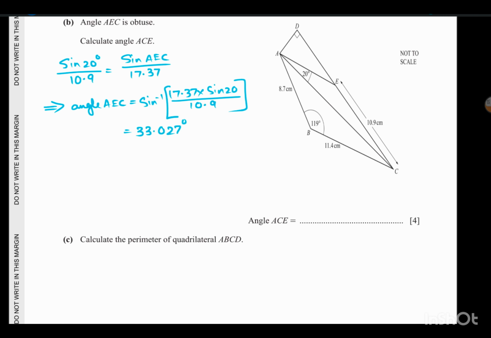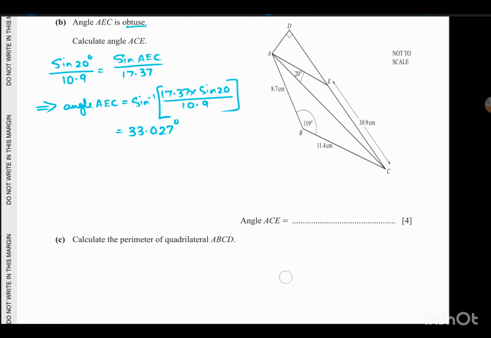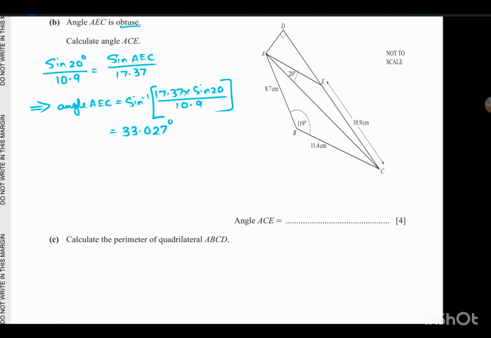We got 33.027 degrees, but they gave it as obtuse angle. We have been given that it is an obtuse angle. So what we have to do is we will subtract from 180 to find out the actual angle.